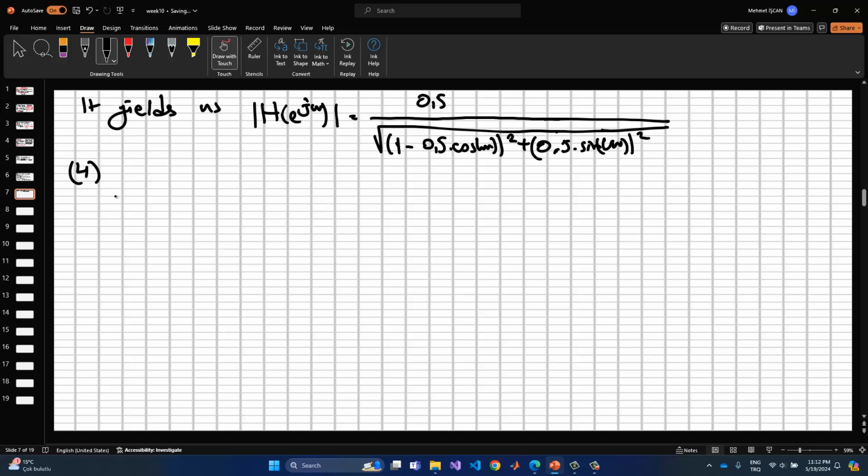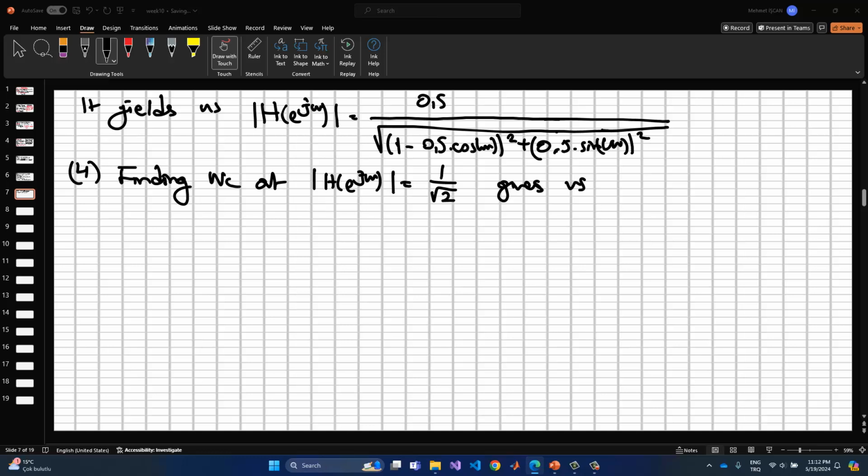In the following steps we need to determine w_c at the point where the magnitude of H(e^(jw)) equals 1 divided by square root 2. First of all, we need to equalize these terms here.